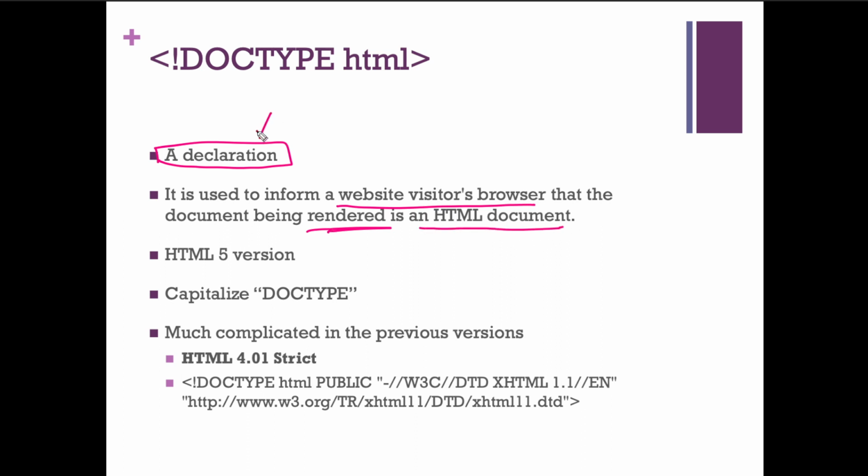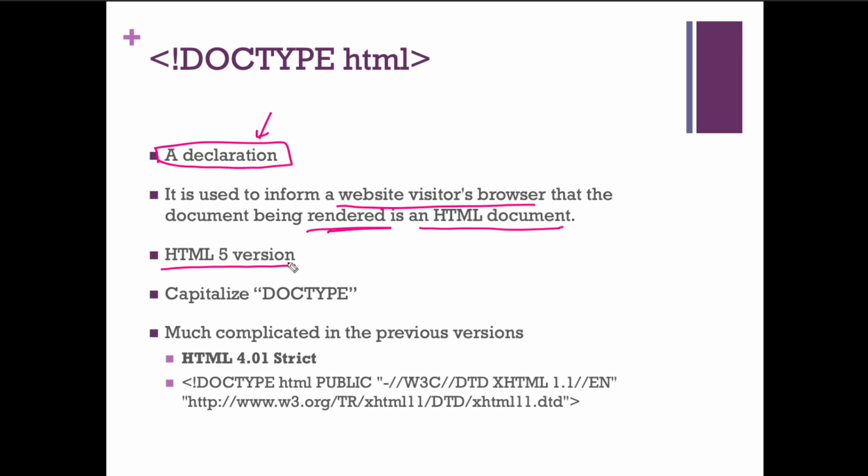So this is the first step that makes any text message or text file HTML. HTML has a lot of different versions. The version we are using right now is HTML5, which is the most recent version of HTML.